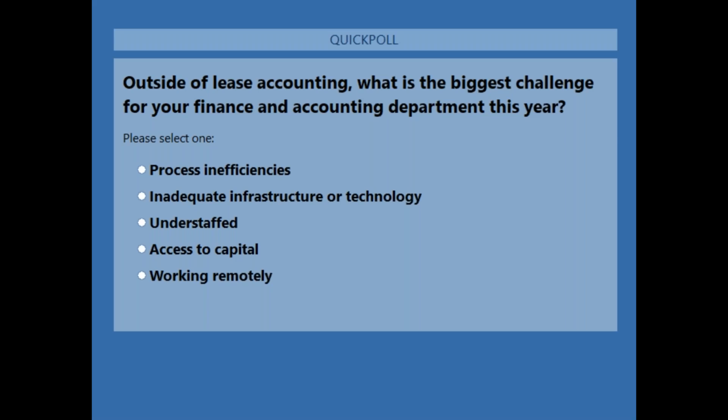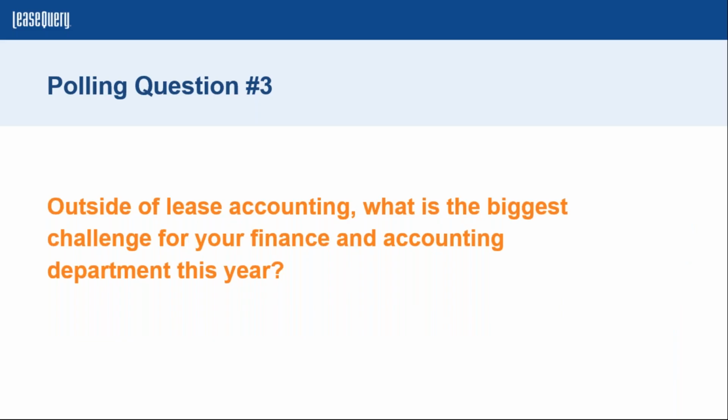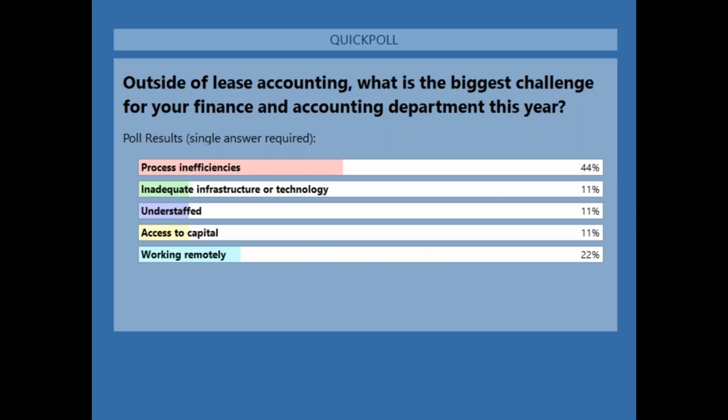And we'll go ahead and close this third poll down in 3, 2, 1. To share the results of that, it looks like process inefficiencies is the first one for folks, then working remotely, with a tie between inadequate infrastructure, understaffed, and access to capital.